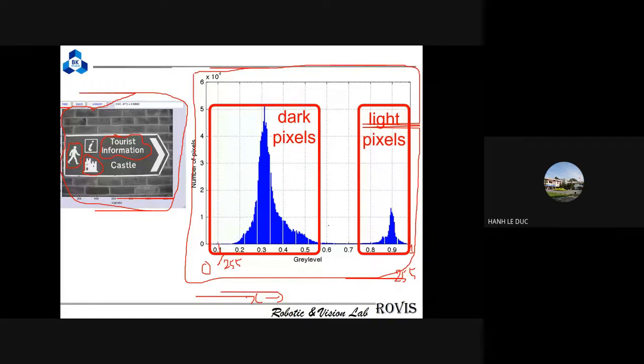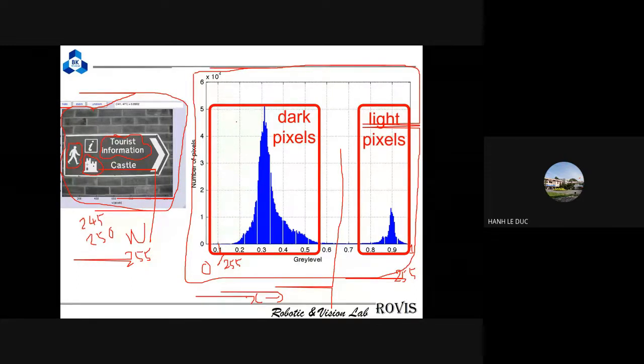So we can do the threshold, or we can choose the number here. Why? Because here you can see it is high, but it's not 255. We cannot be sure of 255. It can be 250 or 245, something like that. So we must have this histogram to see.